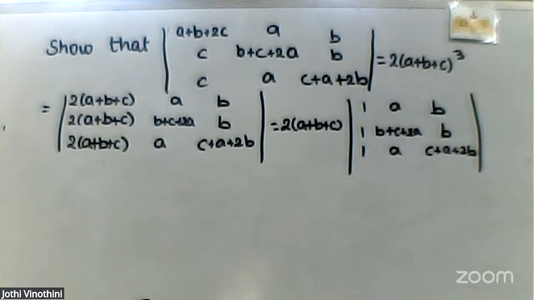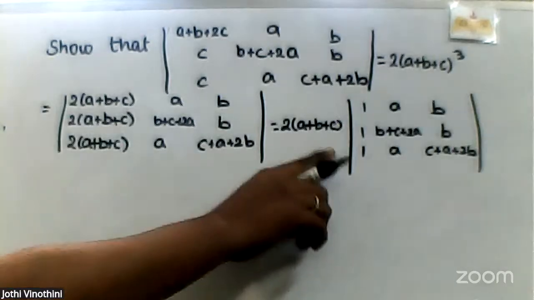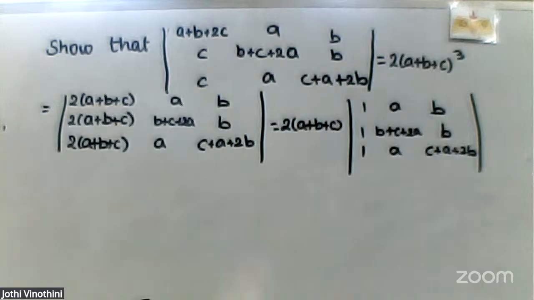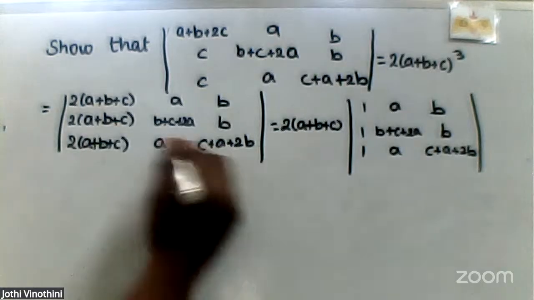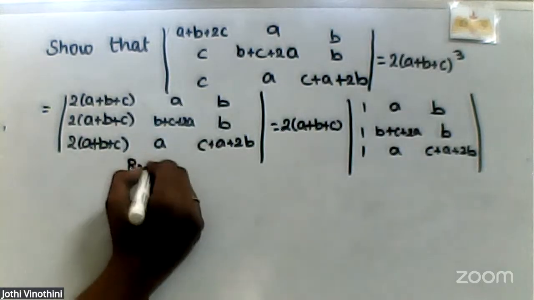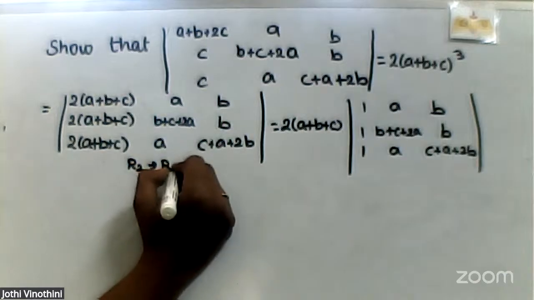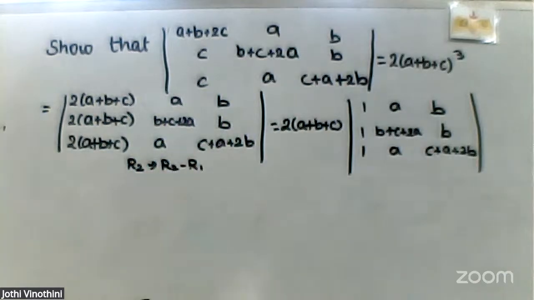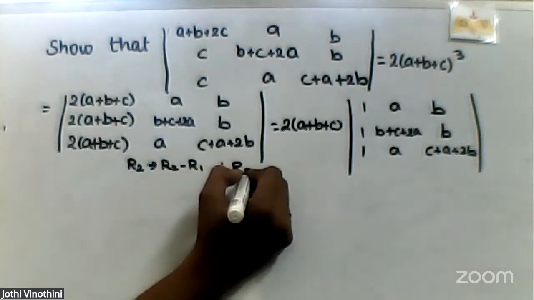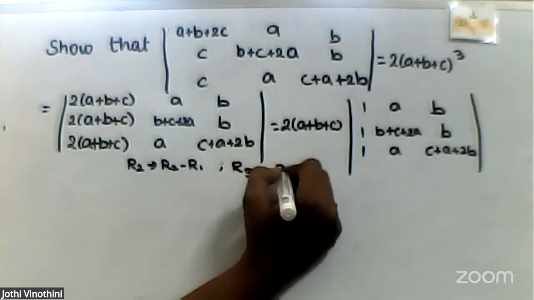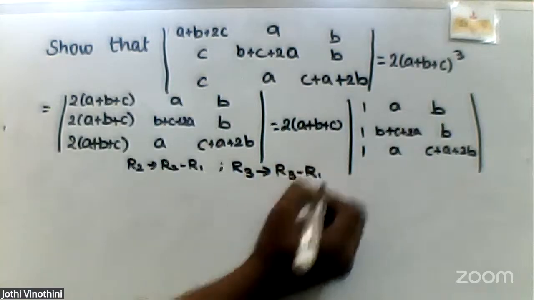So what is the next step? My next step is to replace the second and third rows. I am going to replace row 2 by row 2 minus row 1. Similarly, I am going to replace row 3 by row 3 minus row 1.